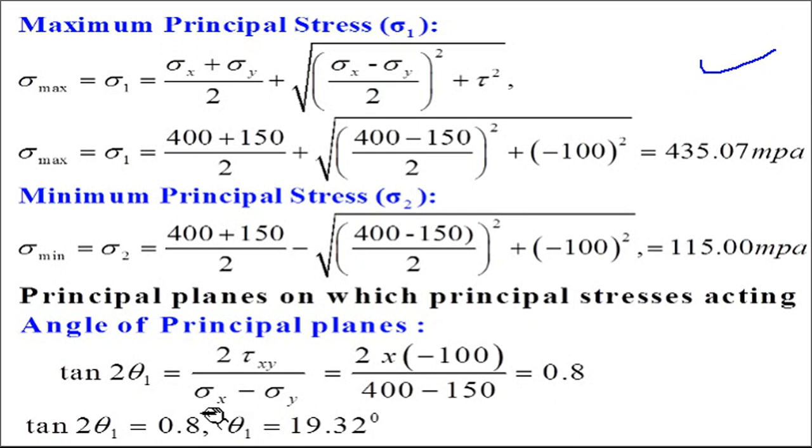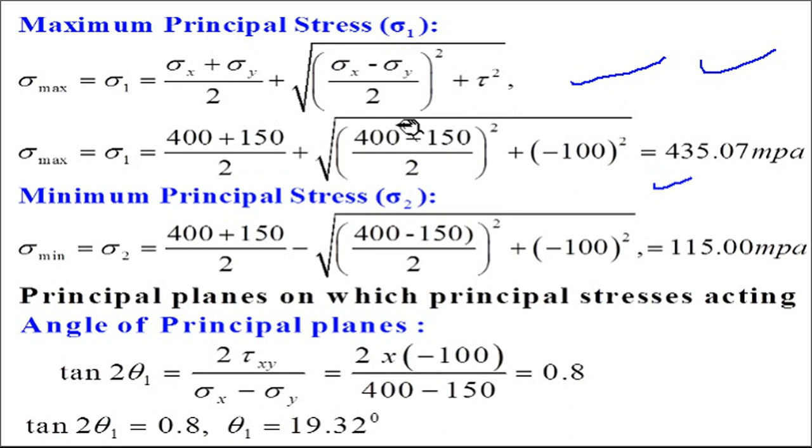Normal and tangential stresses we solved in the previous lecture. For those we use the equation sigma x plus sigma y by 2 minus (sigma x minus sigma y) by 2 into cos 2 theta minus tau xy sin 2 theta. That formula is valid for normal and shearing stresses, and this one is valid for principal stresses.